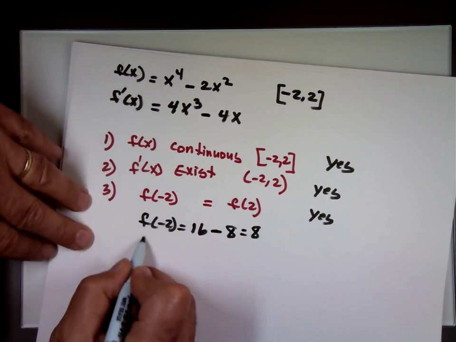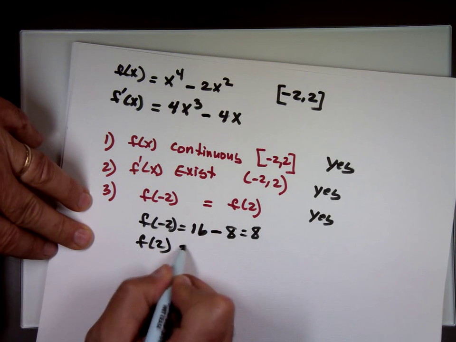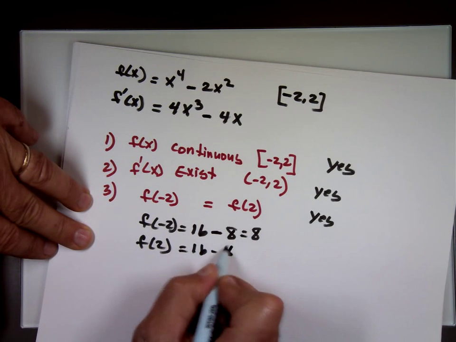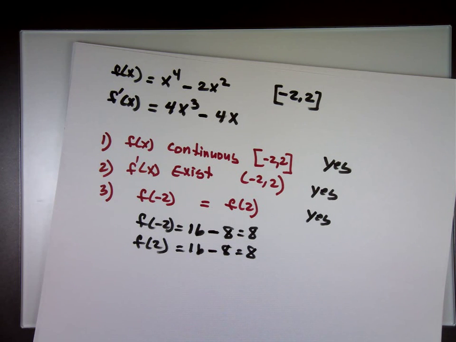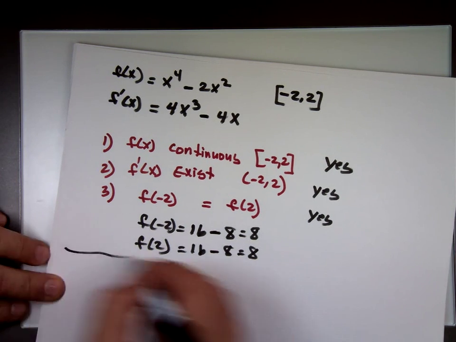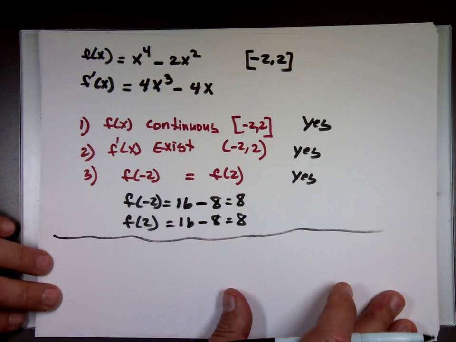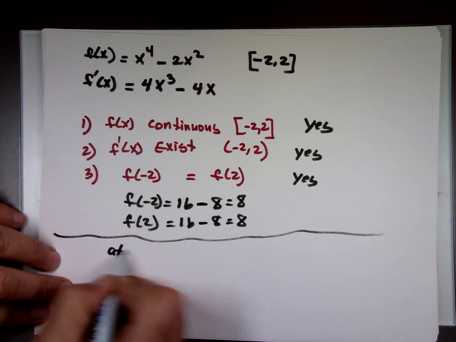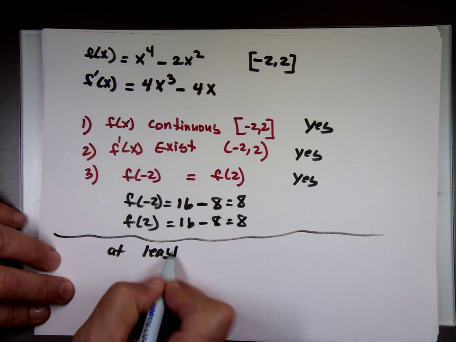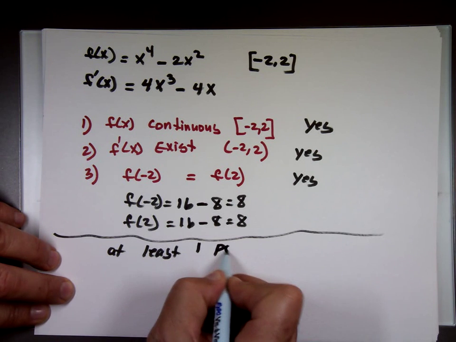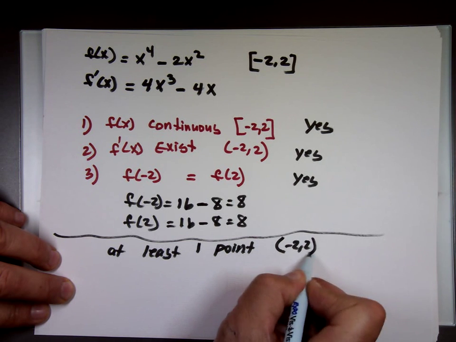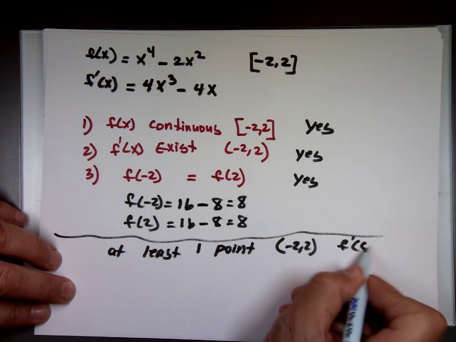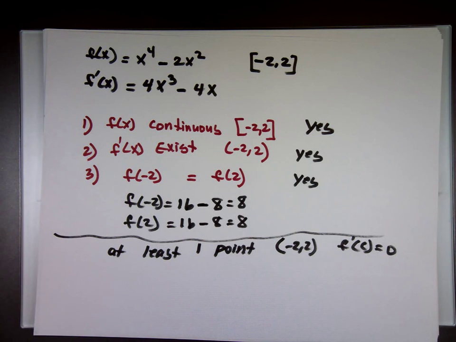And f of 2 is going to be 16 minus 8, which is also 8. So that's a yes. That tells me there has to be at least one point between minus 2 and 2 where the derivative at that point is equal to 0. Has to be at least one.